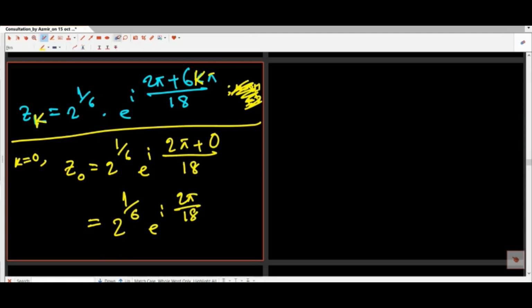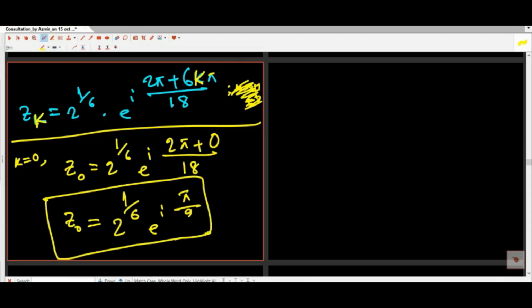That means directly we can write pi over 9. So this is our z naught, our first solution. This solution is in polar form. We have r e power i theta.